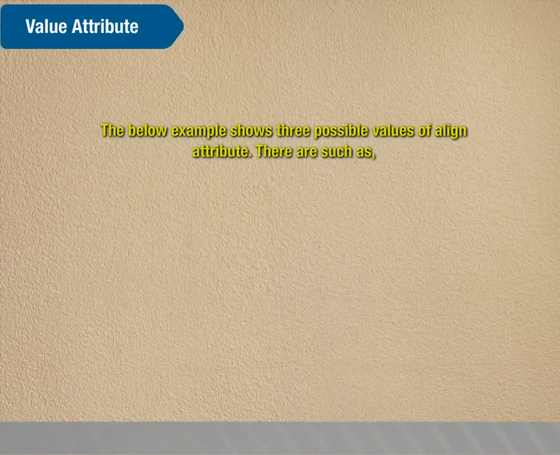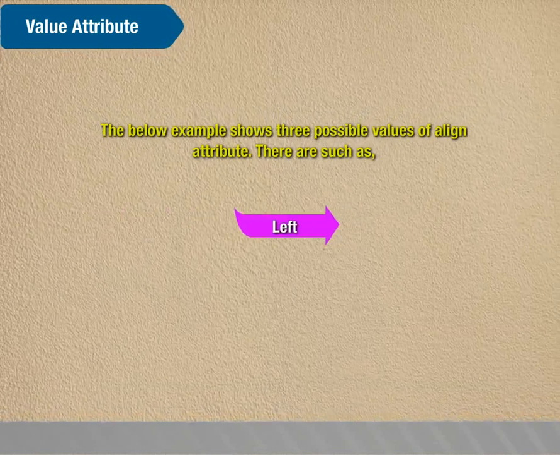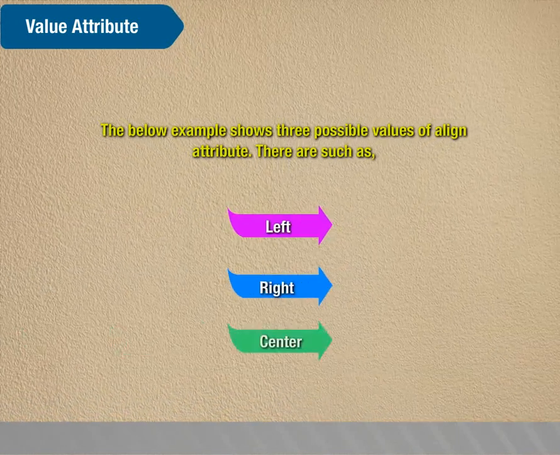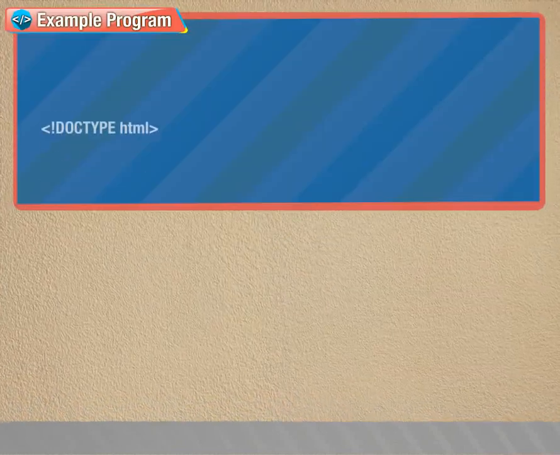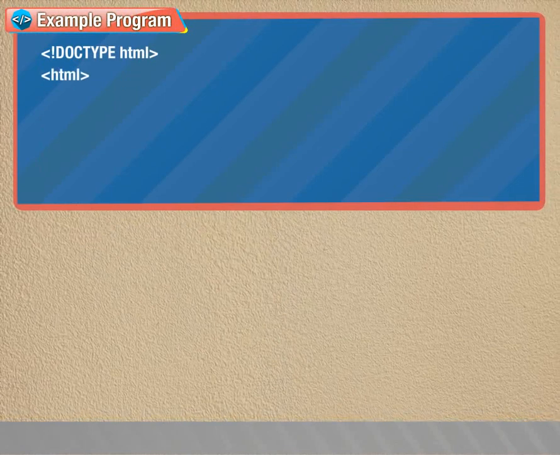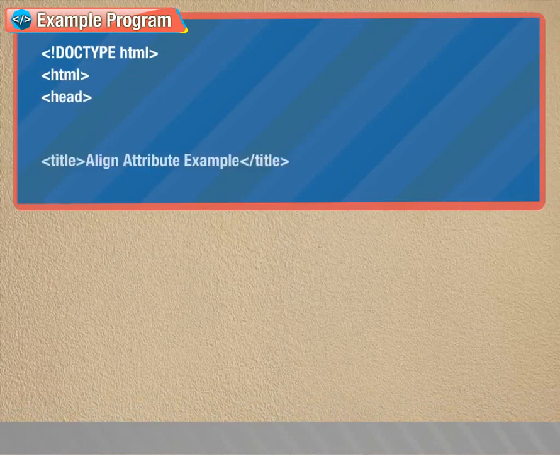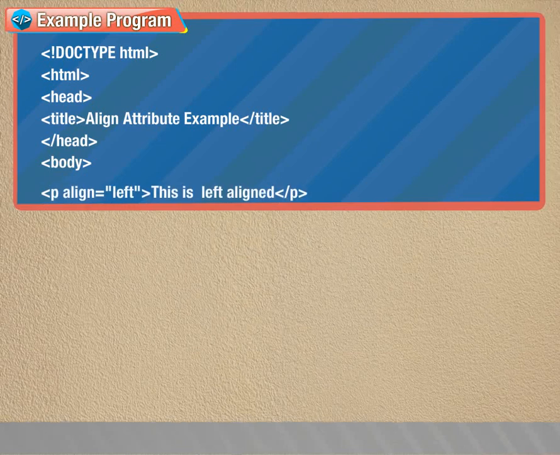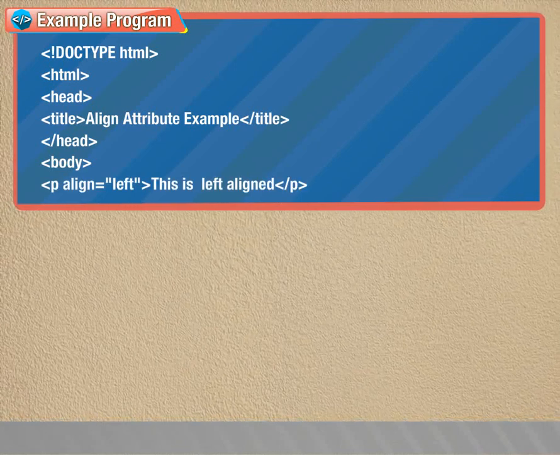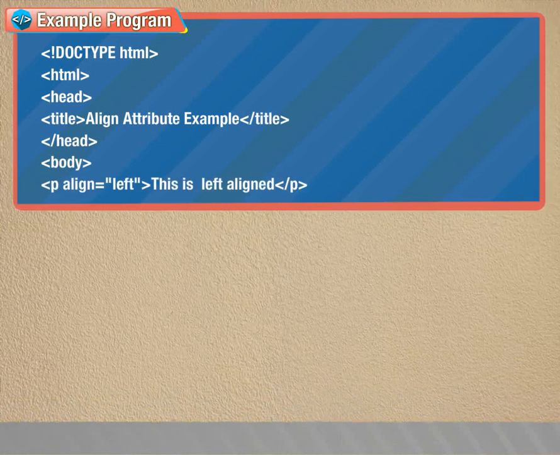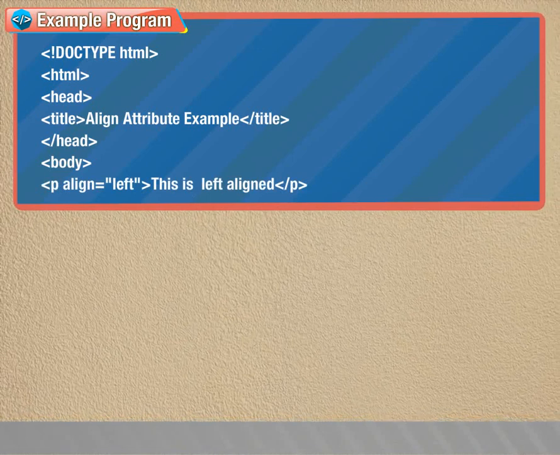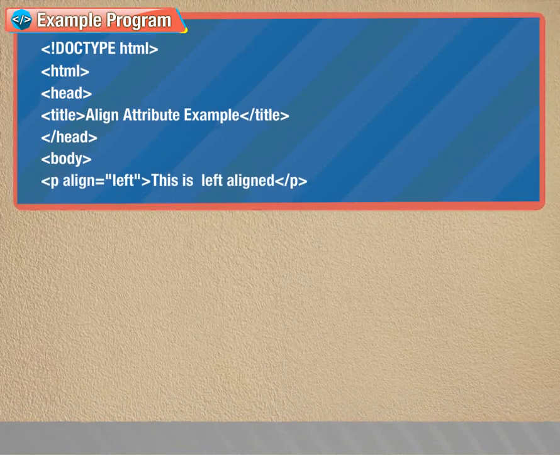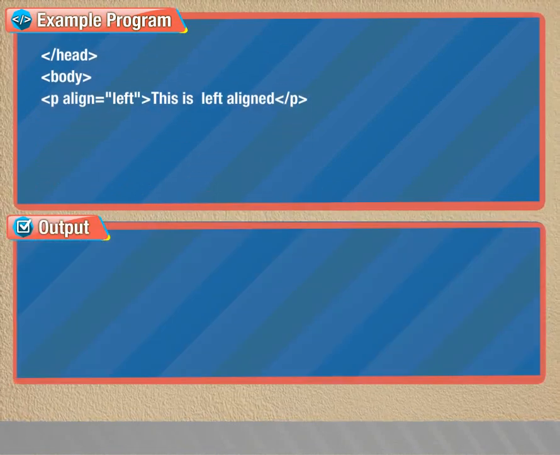They are left, right, center. Let us see the example program of align attribute. The output of this program is shown in screen.